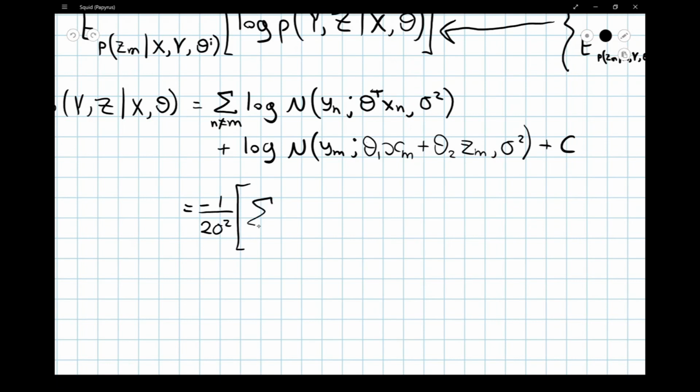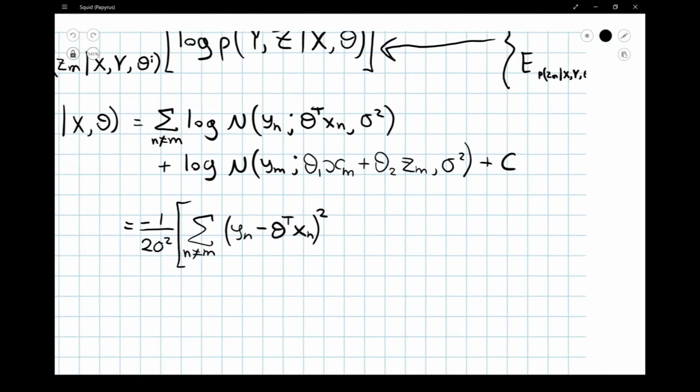Now it's a summation over n not equal to m, and we have a Gaussian where the argument is yn, the mean is this thing, and the variance is this thing. So we have our argument yn minus theta transposed xn, and that's all squared. So that's fine. And then we've got this here.